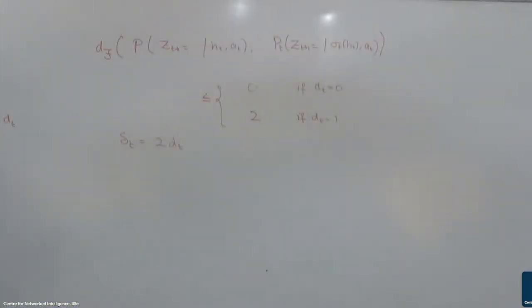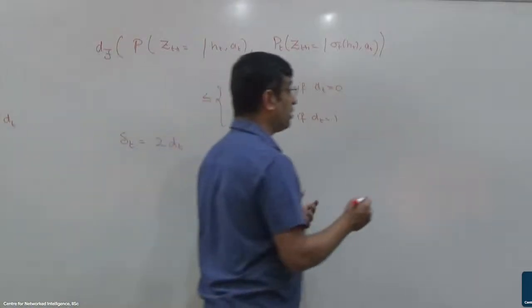Notice we had these complicated recursions in terms of alphas and betas and so on.